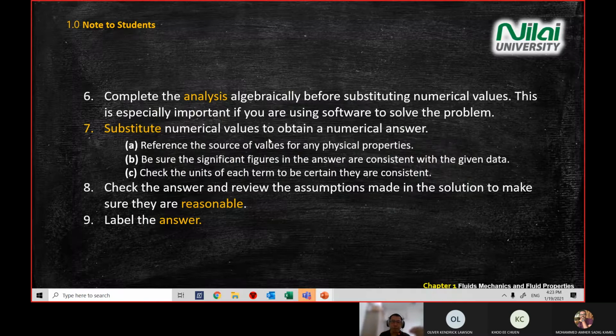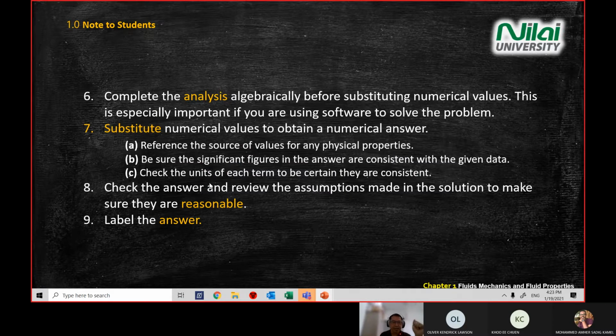Sometimes they forget to change the unit to SI units. Again, a tip for engineering modules: I like to give units that are not the standard unit. For example, I give you a length, I always like to give it in cm. For example, I ask you to calculate something with 10 cm, or sometimes I give you something in 15 mm. You need to change it into SI units. With this, you need to change it to meter. For example, all these things.